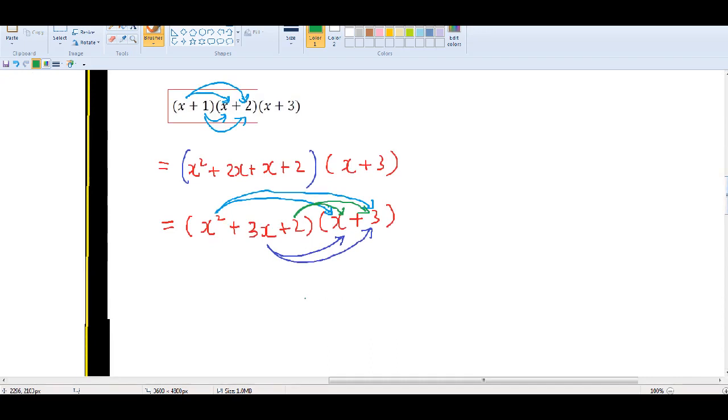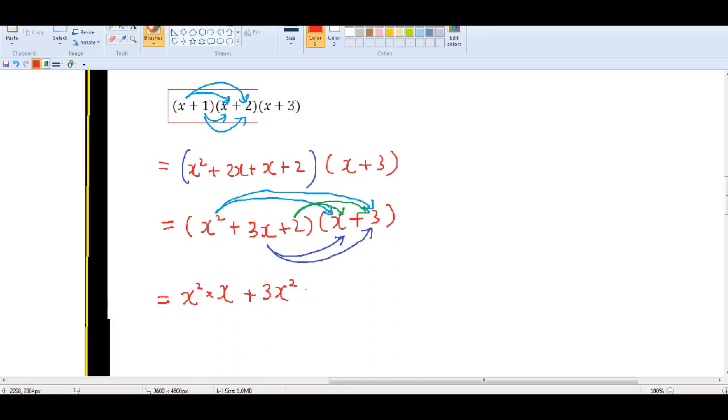So the key idea is to make sure every term in the first bracket multiplies every term in the second bracket. Then you will get the answer. So x squared times x, and x squared times 3, we all understand this, 3x squared.